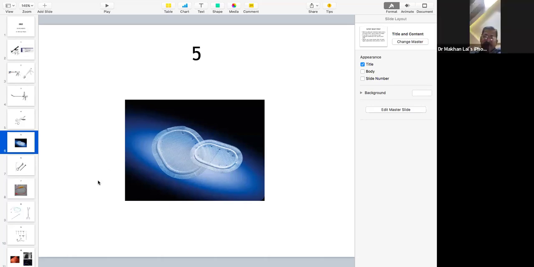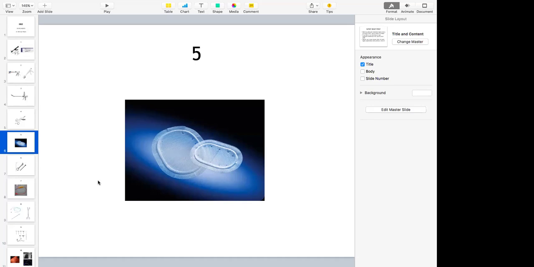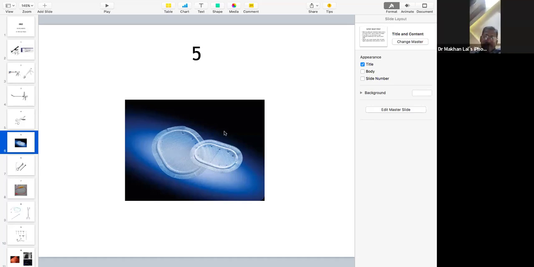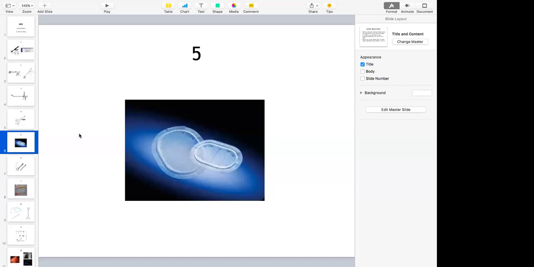Have you heard of a mesh called Timesh, a titanium coated polypropylene mesh? Where is it used? Can you mention one use other than hernia surgery?